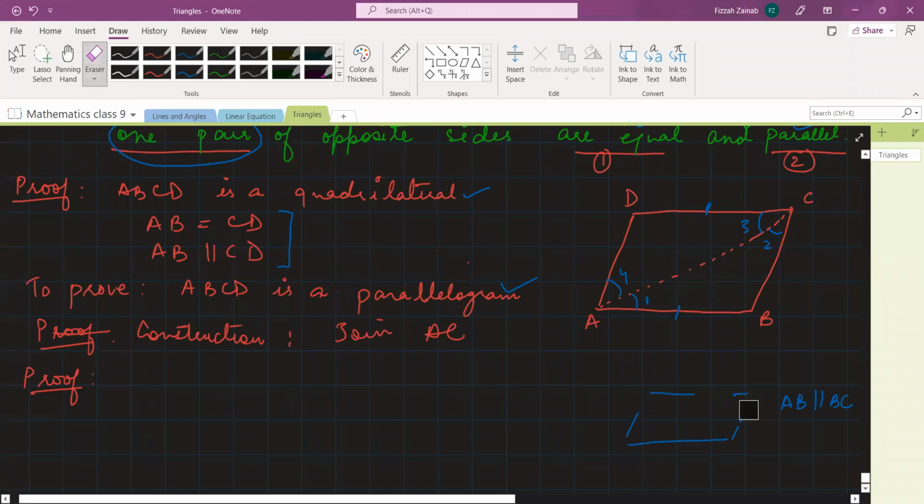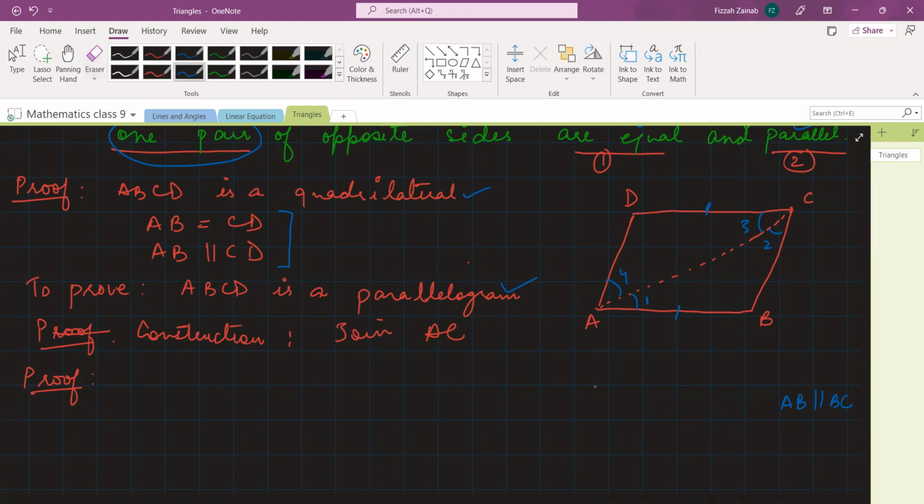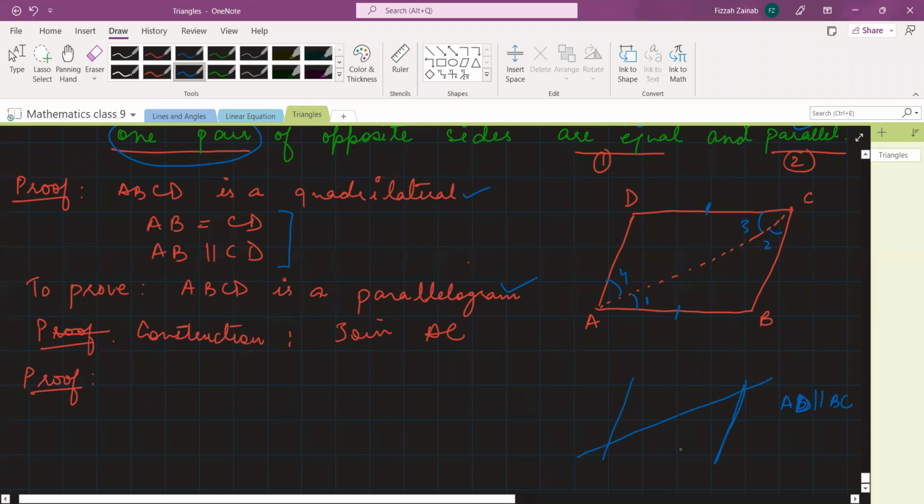Don't write, just try to understand. Is that clear? Say yes or no at least. Yes? Okay. So we will try to show that AD is parallel to BC. Now to show AD is parallel to BC, if we use the converse theorem, for example, these are two parallel lines and this is a transversal.